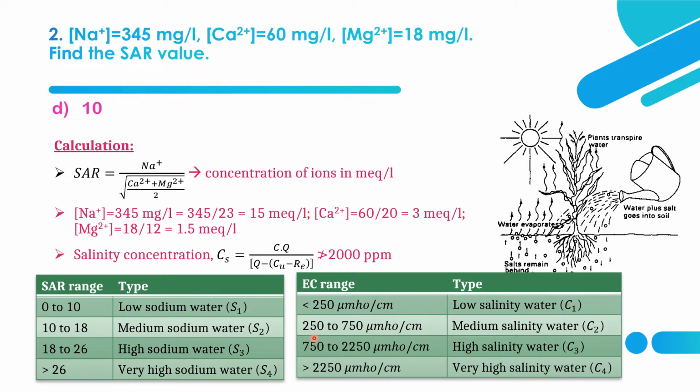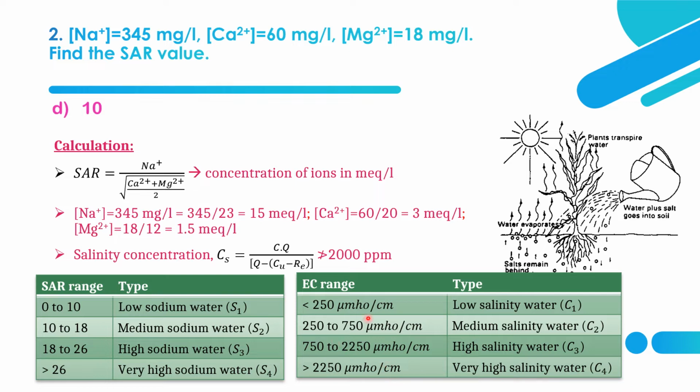If it is in the range 250 to 750 micromhos per centimeter, then medium, C2. 750 to 2250 is high salinity water. In case it is more than 2250 micromhos per centimeter, then very high saline water, that is C4.